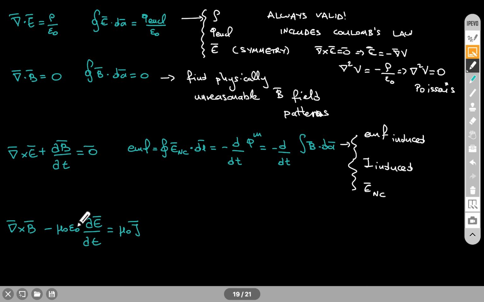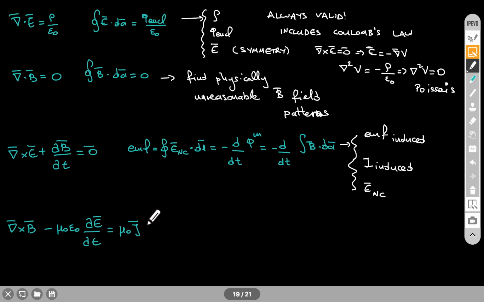All right, and finally we have the Ampere-Maxwell law, the Ampere-Maxwell equation. In this expression, the curl of the magnetic field and the time dependence of the electric field are related. This expression shows us that the current density is what gives rise to a magnetic field, and perhaps a time-changing electric field.